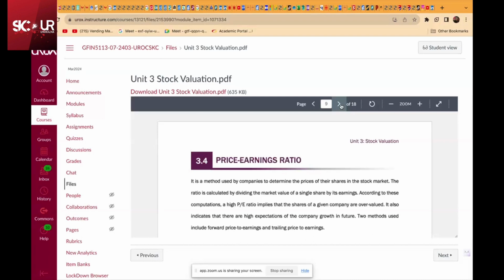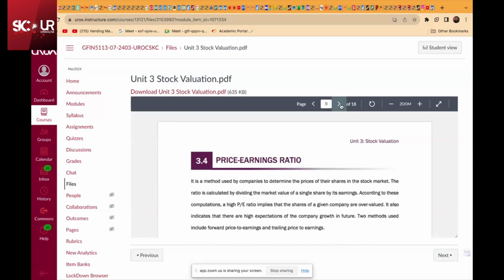Then you will compare this price earning ratio with the average in the same industry or the average in the stock market, and you will know whether it is too high, too low, or the right price.